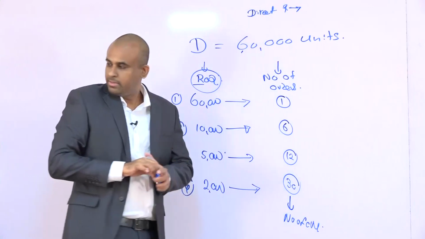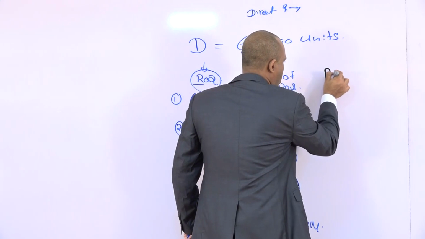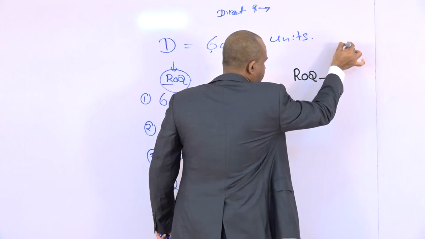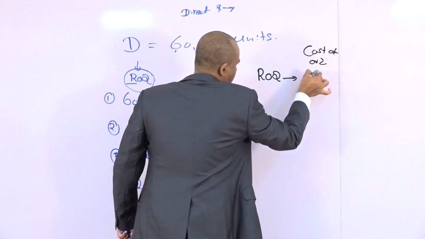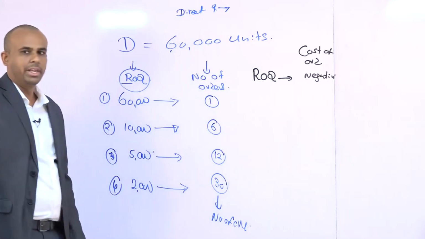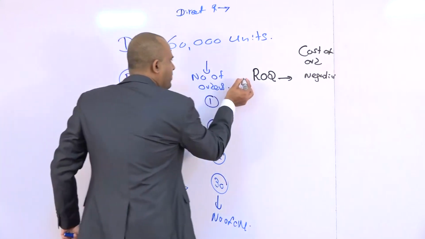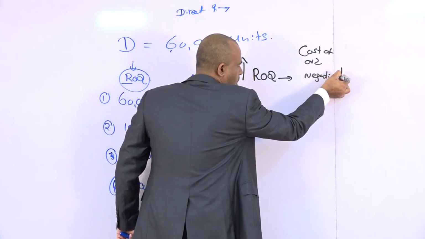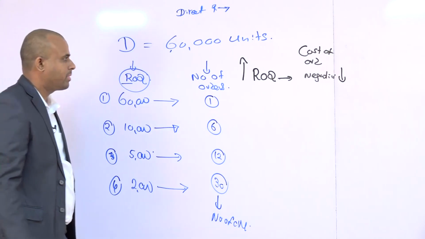So you can say your reorder quantity and the cost of ordering have a negative relationship. When you increase your reorder quantity, the cost of ordering decreases.